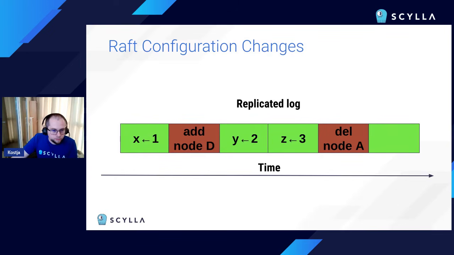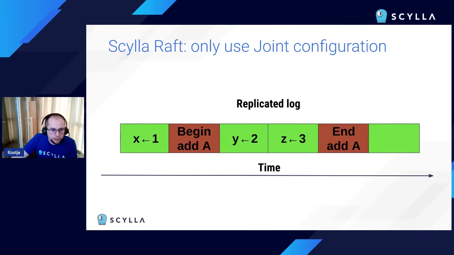And in Scylla, we use a joint system for configuration changes. This is a more advanced way of changing configuration. You can think about this as a kind of two-phase commit. Every configuration change is first added as an initial stage, and it instructs every node to commit every record in this joint configuration, that includes the old and the new quorum.